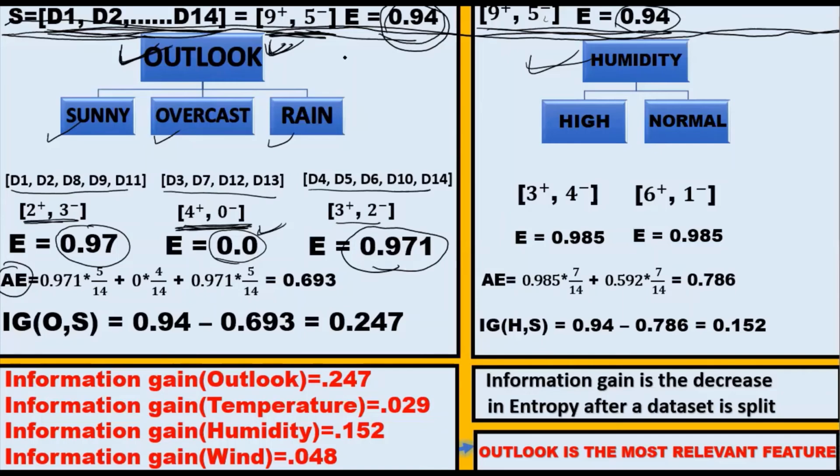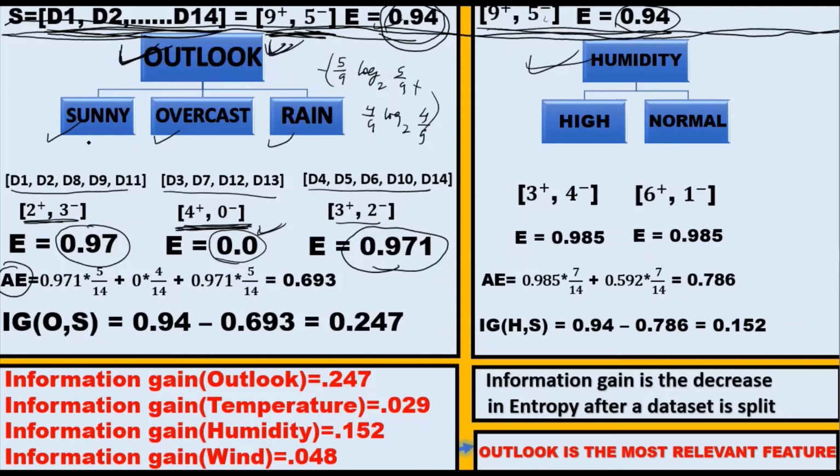Simple formula: 5 by 9 log 2 of 5 by 9, then the rest one is 4 by 9 log 2 of 4 by 9. This is the simple formula. Minus, you have to add these two. This is the formula. You get 0.94. I've considered all 14.